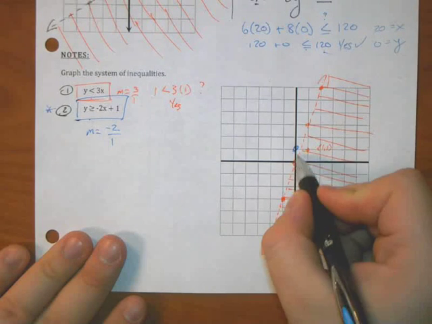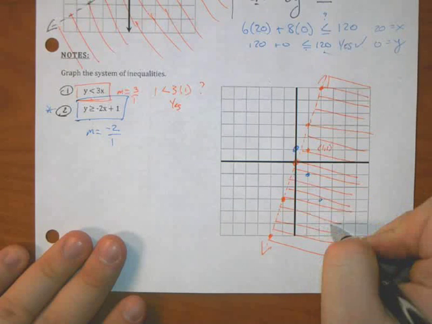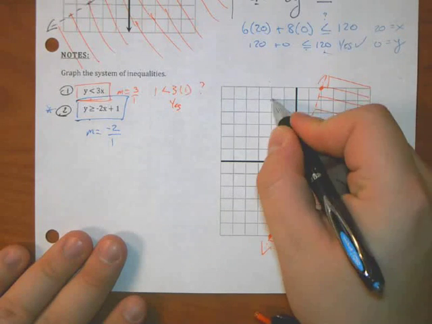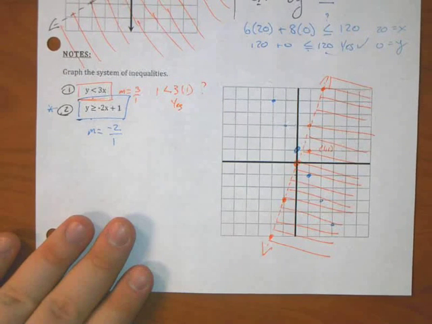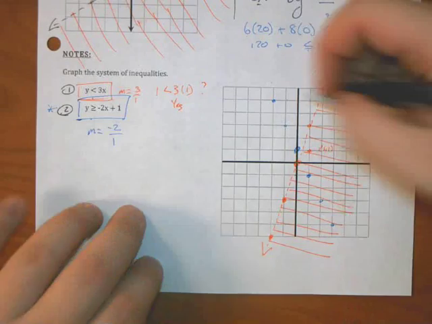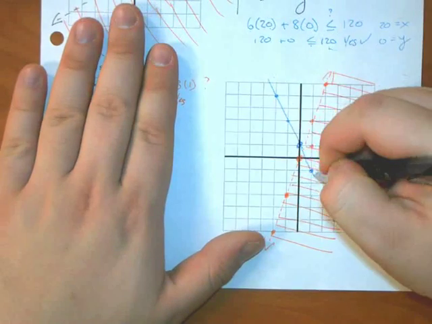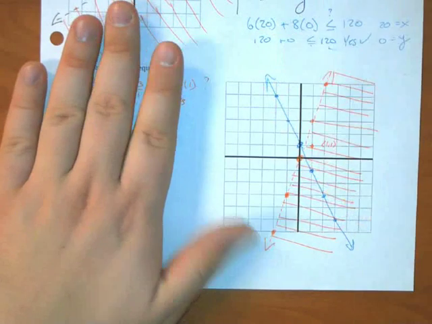So I'm going to go down 2 to the right 1, down 2 to the right 1, up 2 to the left 1. Is this a dotted or a solid line? It's a solid line.